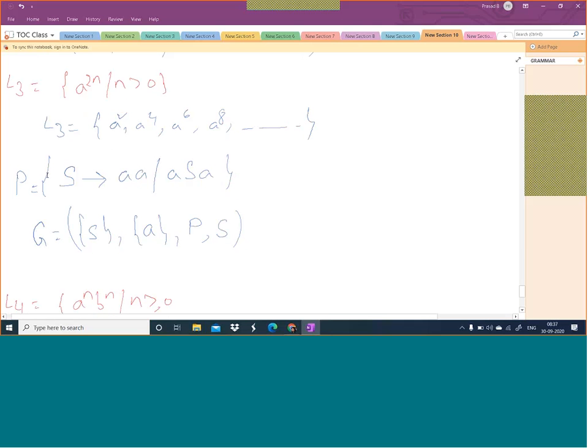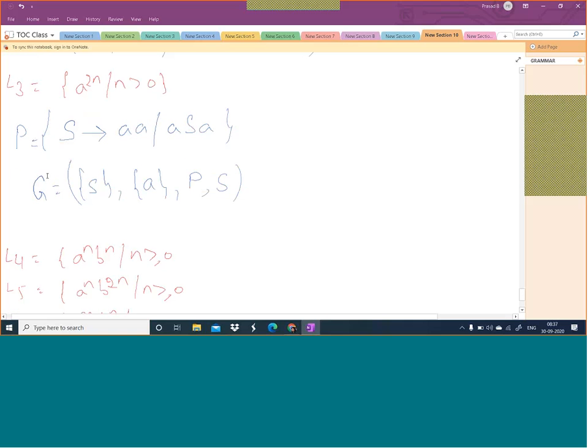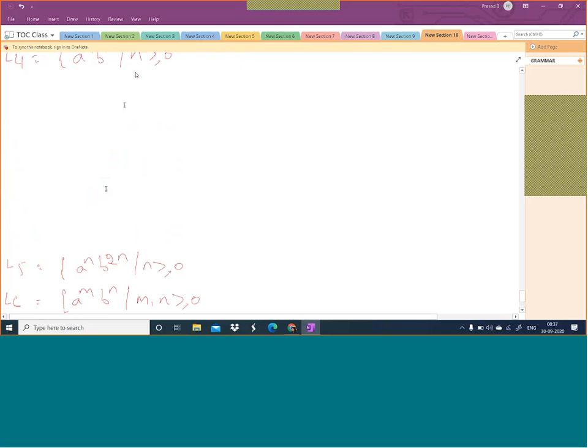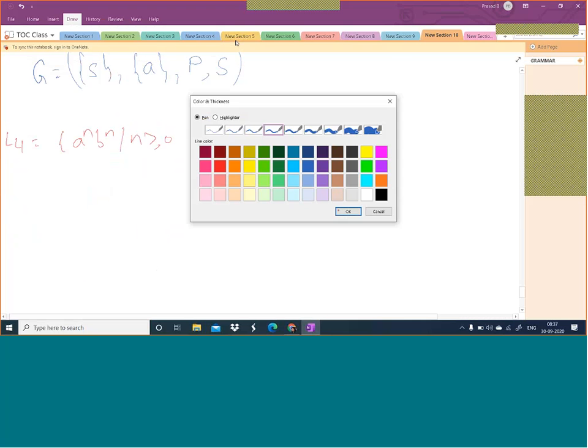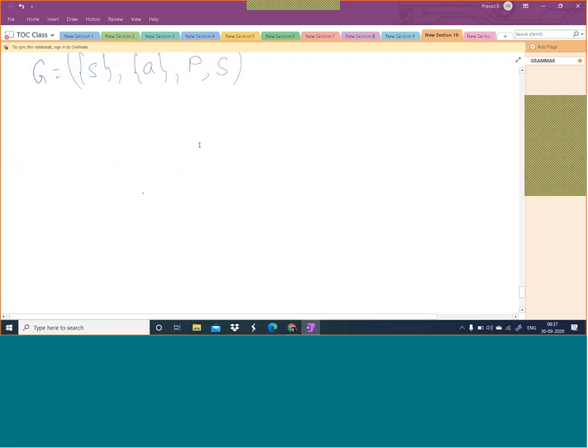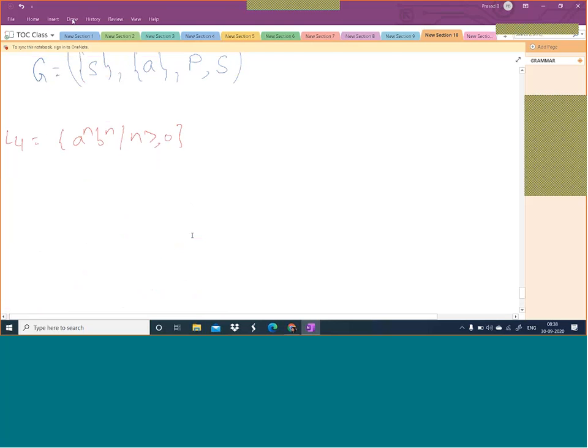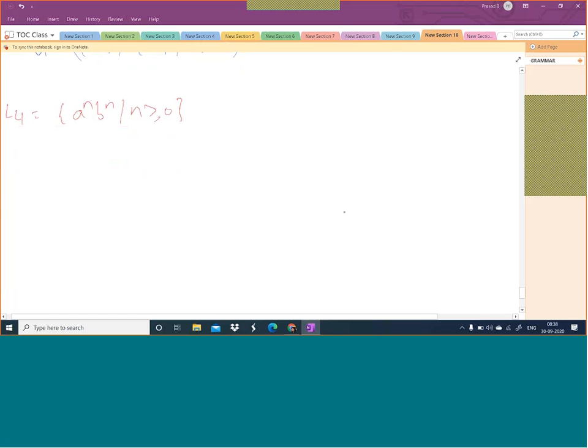Now this one. Yes, it's good. The least value of n is 0, then epsilon; if n is 1, ab; if n is 2, aabb; if n is 3, aaabbb.